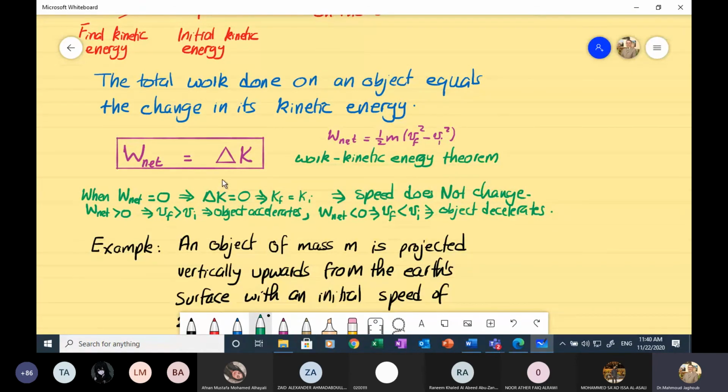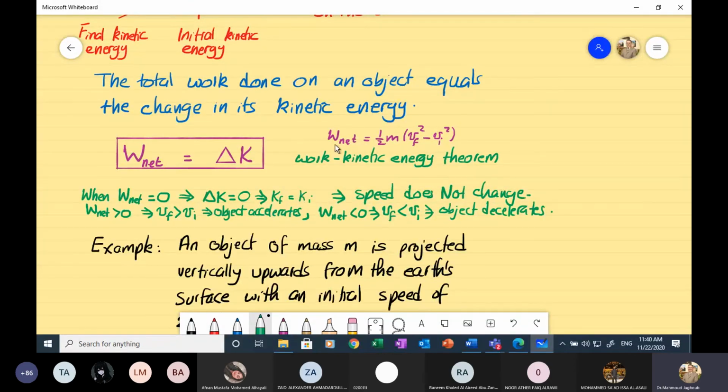Now remember, in the last lecture, we said the following. If the net work done on an object is positive, what happens to its speed? If the net work done is positive, what happens to the speed? Increases. Let's see, can we get this from this formula? If W net is positive, this means that V final is greater than V initial.